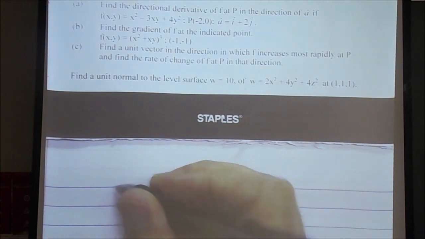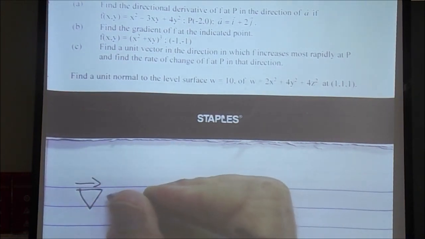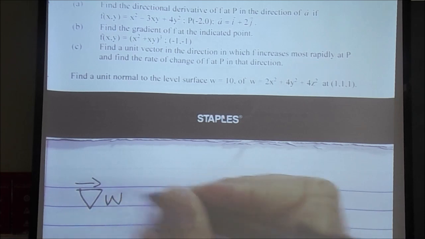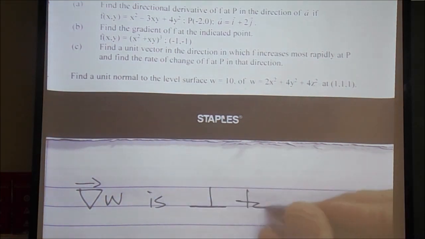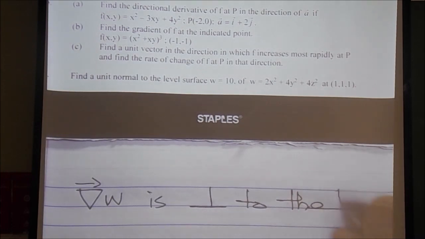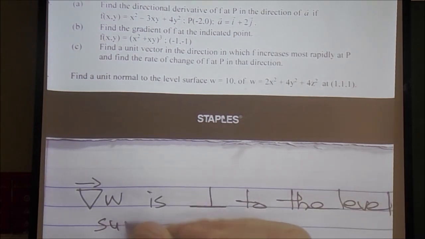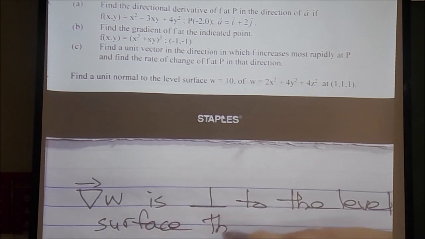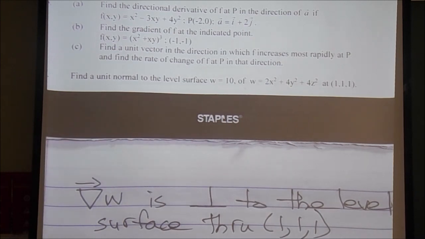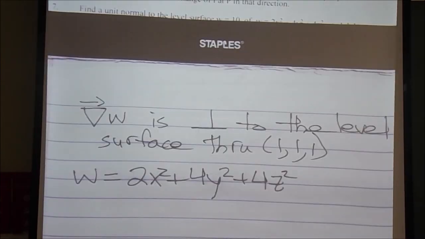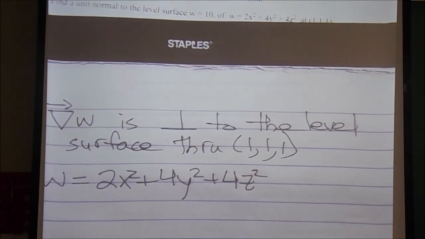I think the easiest way is to say that the gradient of f of w is normal to the level surface through the given point 1, 1, 1, where in this case we want w equals 2x squared plus 4y squared plus 4z squared. All right. Zoom this out just a bit.